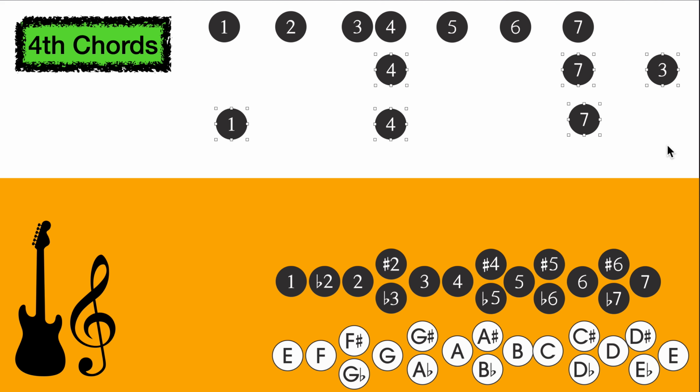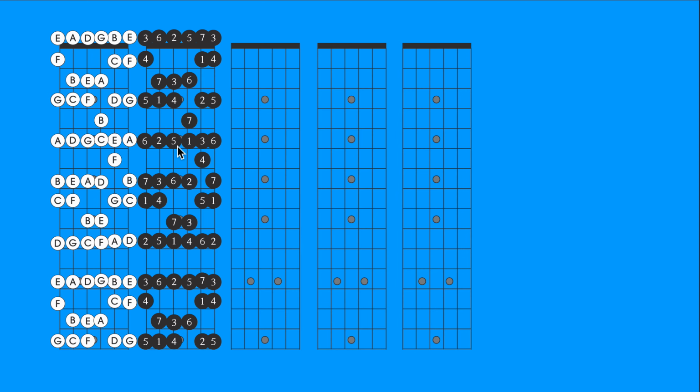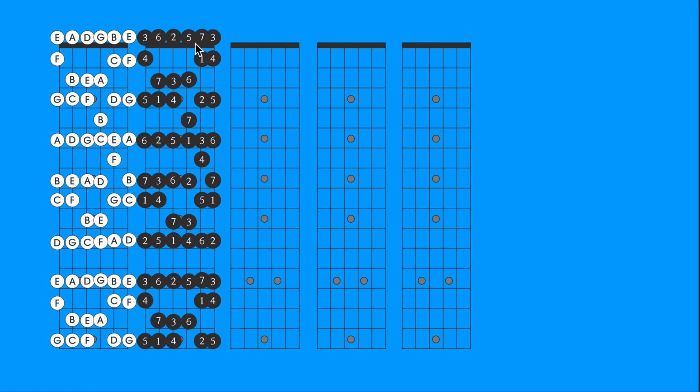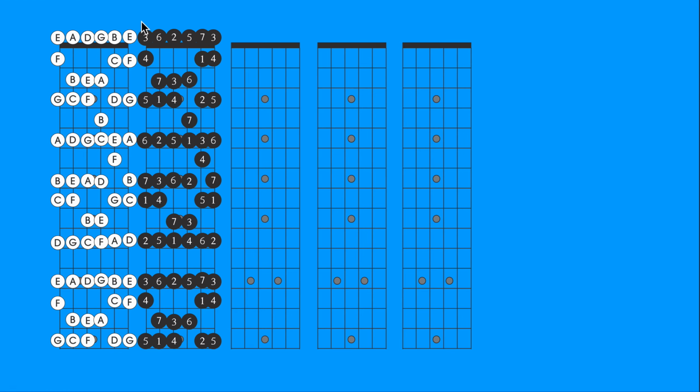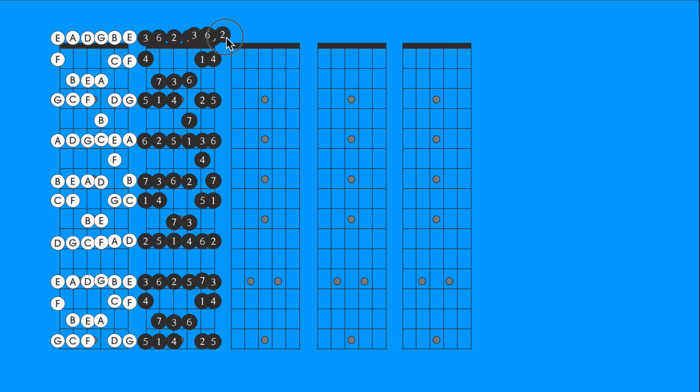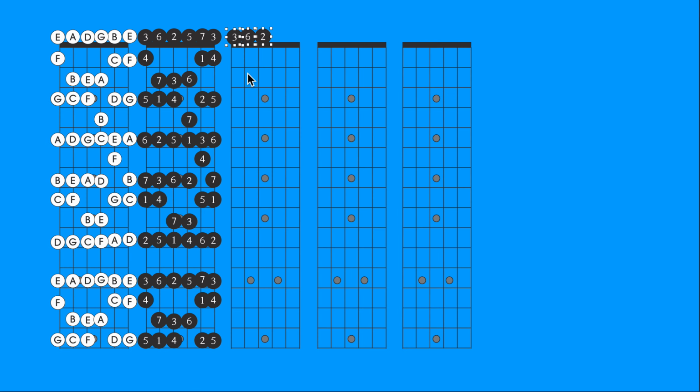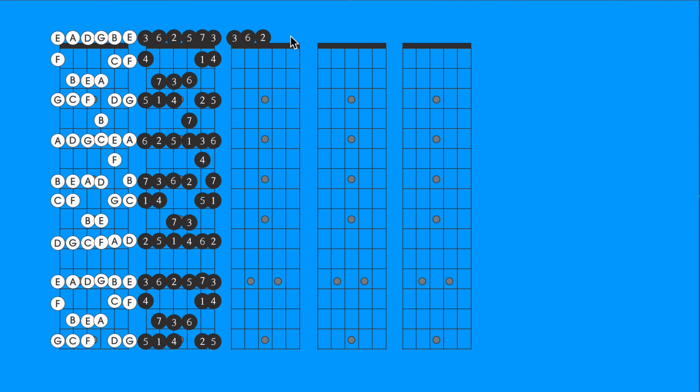So let's see how they look now on the fretboard. I've already got this drawn up here. These are fourths right here. We've got 3, 6, 2, and then notice if we start on the 4, we've got our 4, 7, 3, which they are fourths, but the 4 to the 7 is augmented.